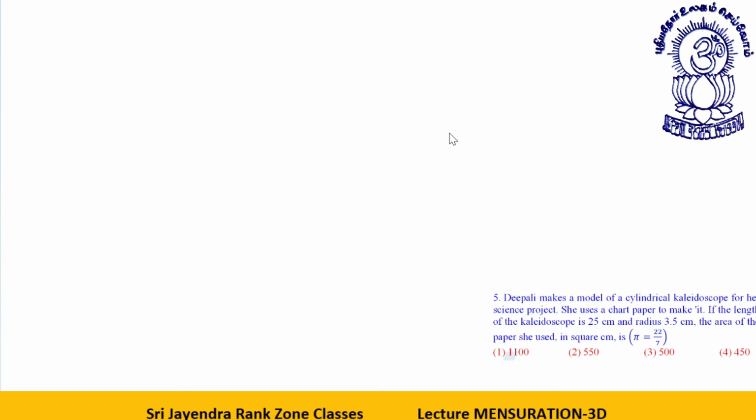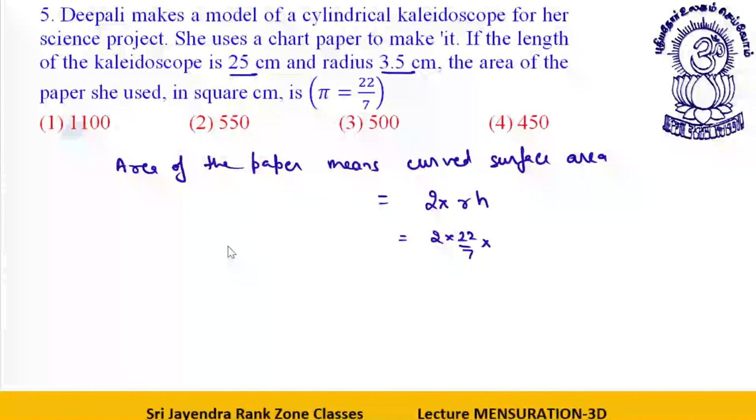The curved surface area is 2 pi r h, that is 2 into 22 by 7. The length of the kaleidoscope is 25, and radius is 3.5. 3.5 is 7 by 2, into 25. 7 and 7 cancel, 2 and 2 cancel.